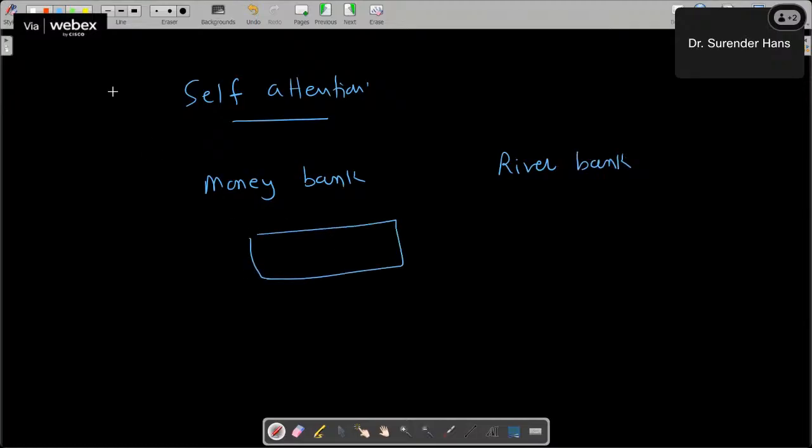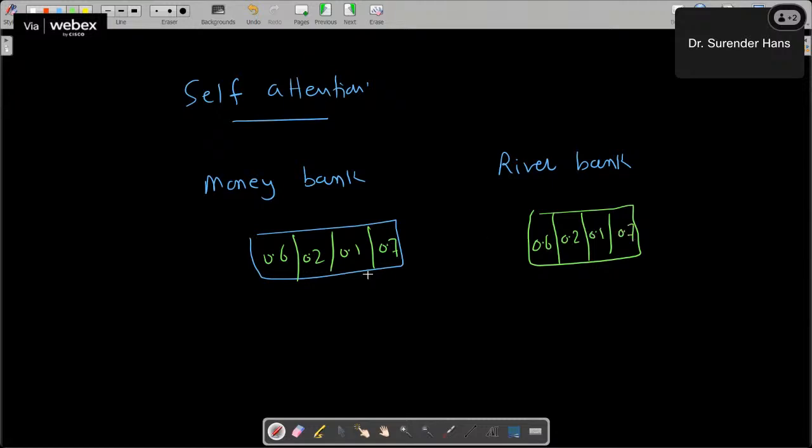For this bank, let's say this one is 0.1 and 0.7, based on the data set. If this bank is coming in the context of money, then the embedding must be some other number.